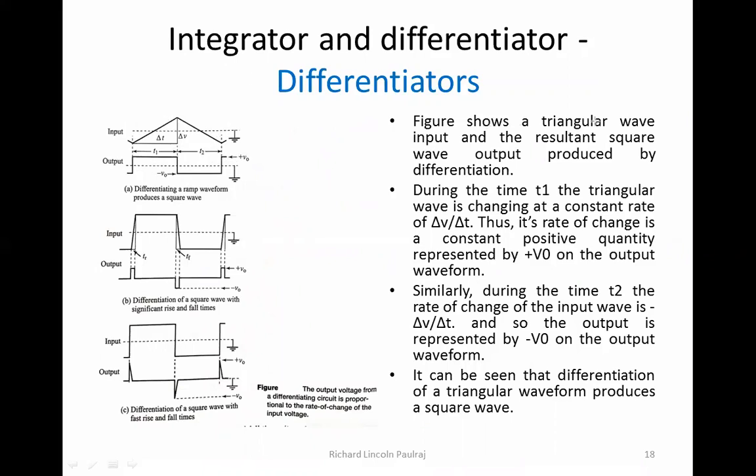So we can see a triangular wave input, and the resultant is a square wave output. This happens when we pass the signal to the differentiator.